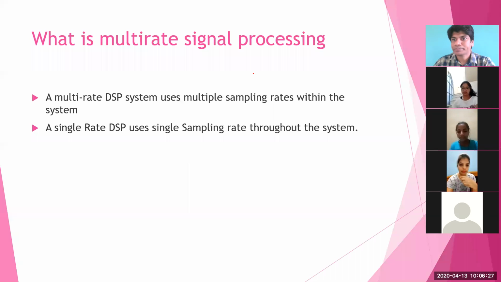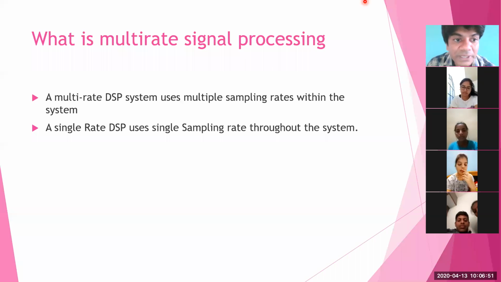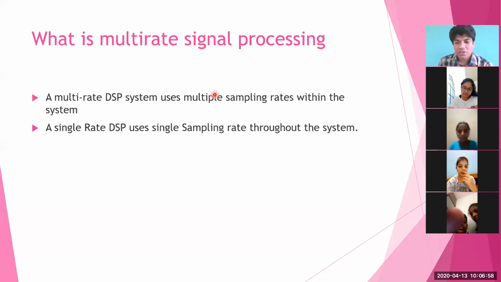Whereas in a multi-rate system, as you can see, I'm just pointing it here, a multi-rate DSP system uses multiple sampling rates. Which means the input sampling rate and the output sampling rate might be different.